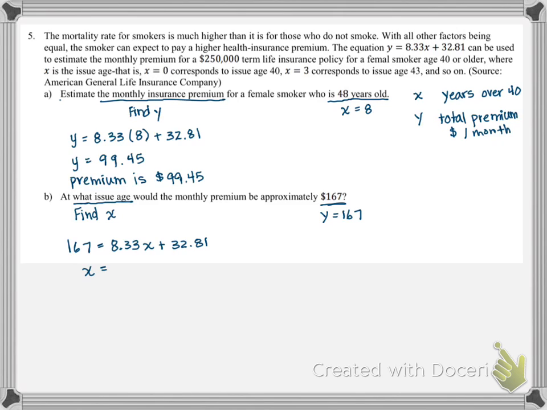And somebody solved that and got what? 56 years old. So what's x first? Yes, so we got x equals about 16, which, going back to what x represents, tells us that the age is 56 years old. Excellent.